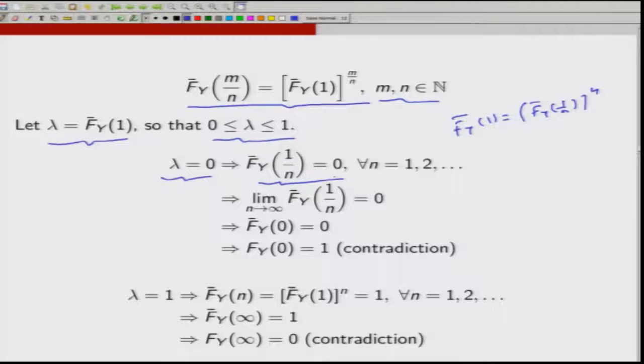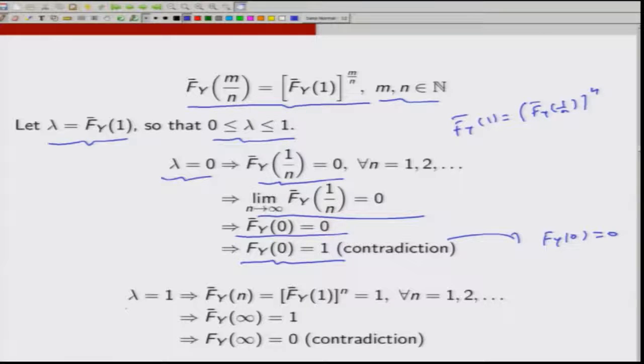If lambda is 0, then f bar y 1 by n has to be 0 for every n. So, that means limit n going to infinity, f bar y 1 by n has to be 0, which is equivalent to saying that f bar y 0 is 0 because f bar y is given to be continuous. But f bar y is same as 1 minus fy, so f bar y 0 is 1. But which is a contradiction, why? Because we are given that fy 0 is 0. So, you cannot have lambda to be 0.